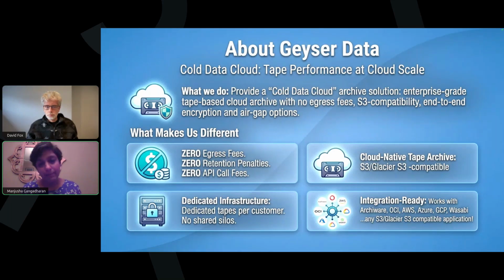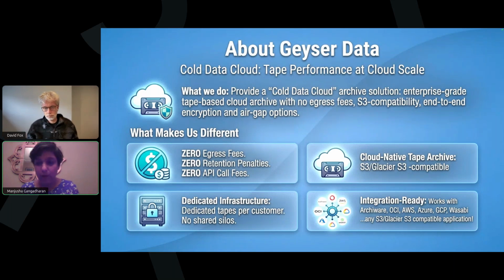And what I mean by that is these days with AI workloads, you have a lot of models that you need to train, but you also have a tremendous amount of data that you want to keep somewhere temporarily without retention penalties, for example, when you try to retrieve the data.